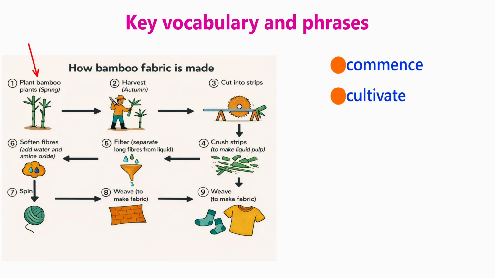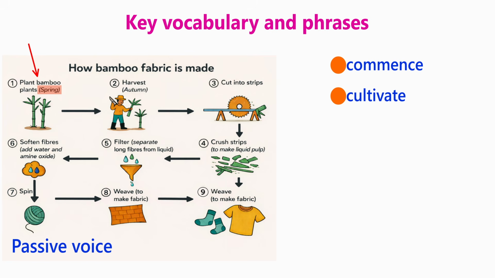And remember, in writing the stages and in writing the report on a process diagram, we mainly use passive voice. This does not mean that all our sentences have to be in passive voice, but more than half of our sentences have to be in passive voice. All right, so we can say are cultivated. The bamboo plants are cultivated, and spring is very important here.